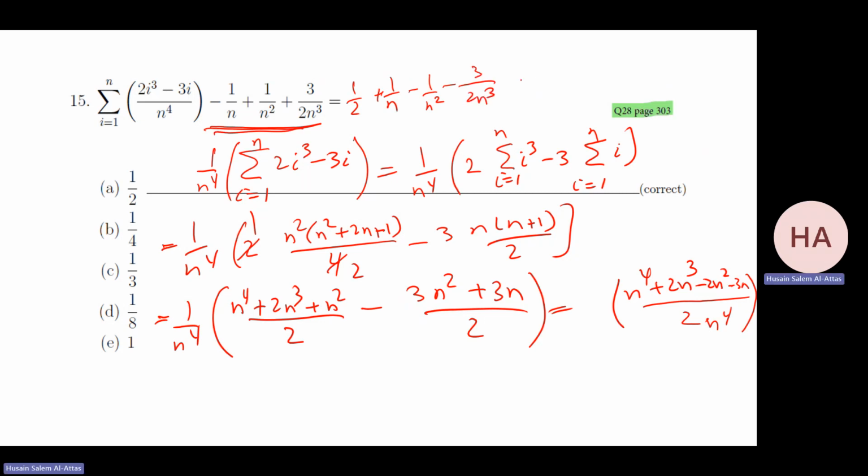Then I add this: minus 1 over n plus 1 over n squared plus 3 over 2n cubed. This is cancelled, this is cancelled, this is cancelled. So I'm getting half. So this is my answer.